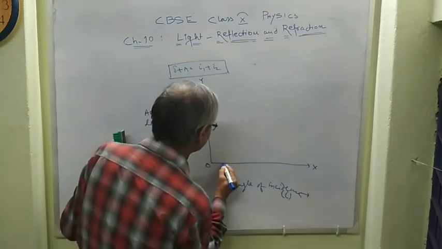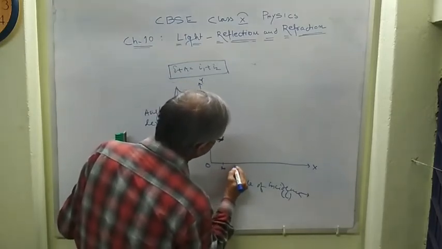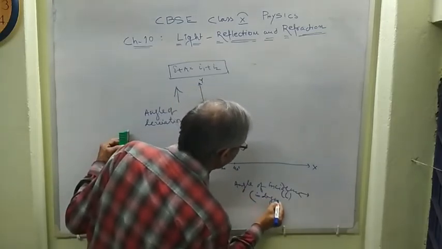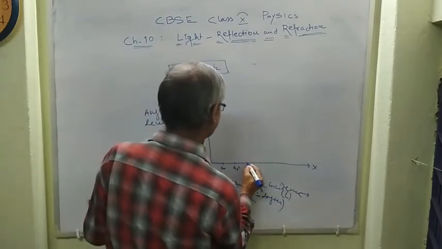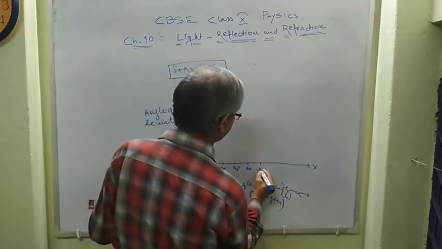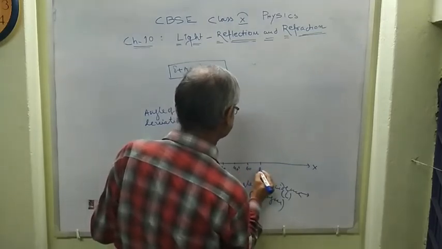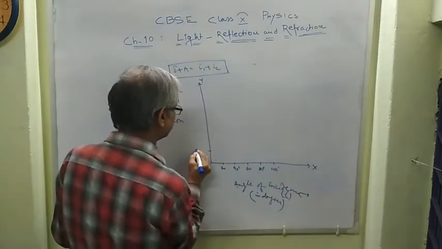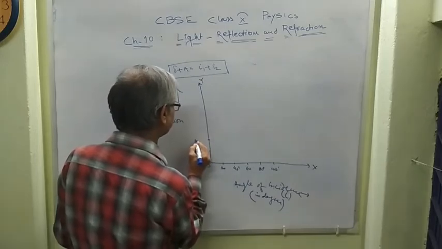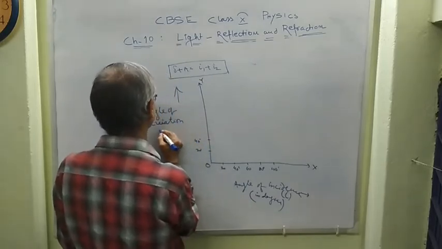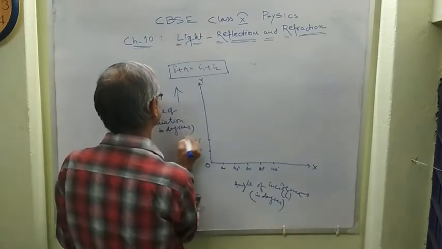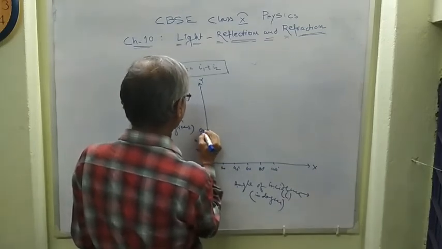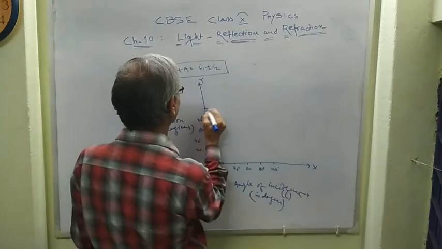Here we are starting from 20, 40, all in degrees, 60, 80, 100, etc. And also on this axis 20, 40, in degrees, 60, 80 or any other values.